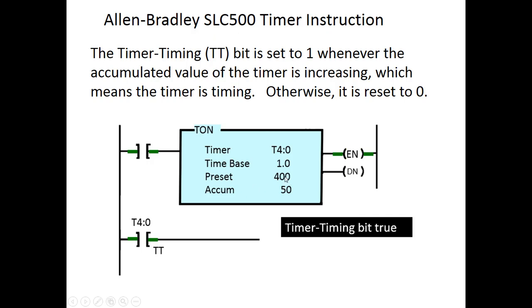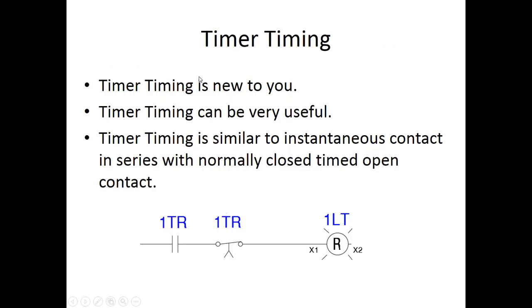But once this hits 400, this timer timing bit goes false. The done bit becomes true at 400, but the timer timing bit is now done being true. And that's a little bit different for you. So the timer timing bit is new, and it can be very useful.